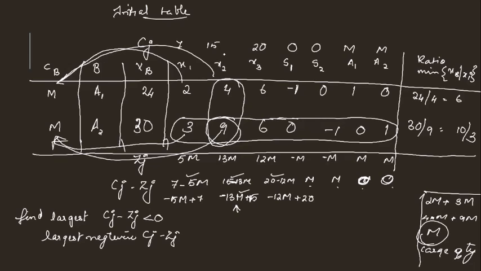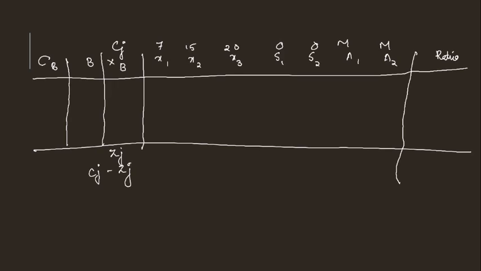So the variable x2 will enter, and a2 will exit. So in the next table, it's x2 and a1. Write down the coefficients M, 15. Now what about the table? As I said, we have to make the key element 9 as 1.